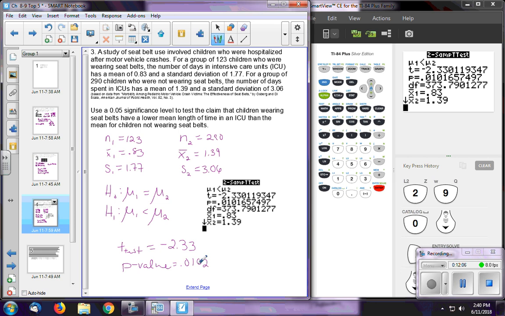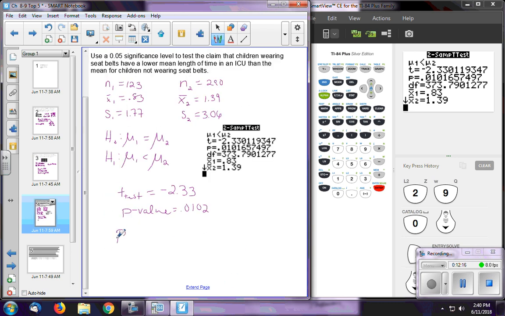With a p-value of about 0.01, if you compare that to our significance level of 0.05, we can say that we reject our null hypothesis, which for us, that does in fact mean that we have sufficient evidence which supports the fact that the children who wear their seatbelts spend less time in the ICU than the children who do not wear their seatbelts.